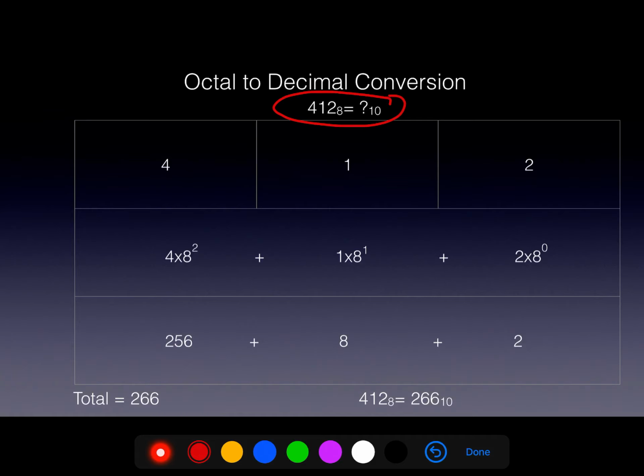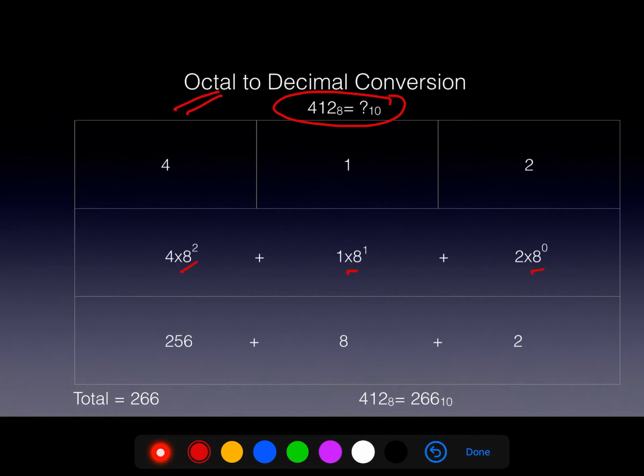Here we successively multiply by 8 with the position as a power of 8. Remember, when we converted binary to decimal, we multiplied by 2 with the position as a power of 2. So here we multiply by 8 because of octal.